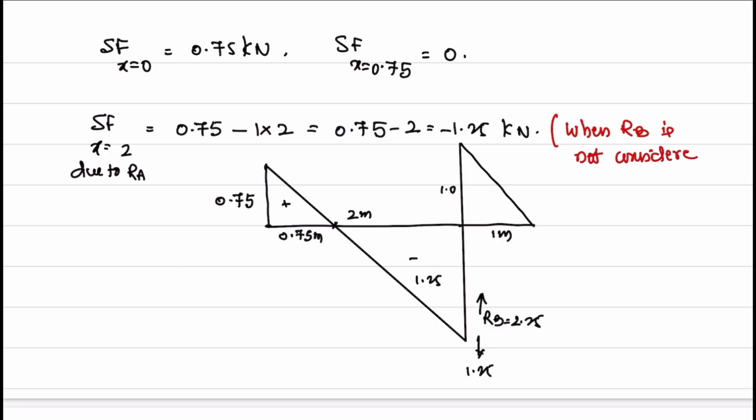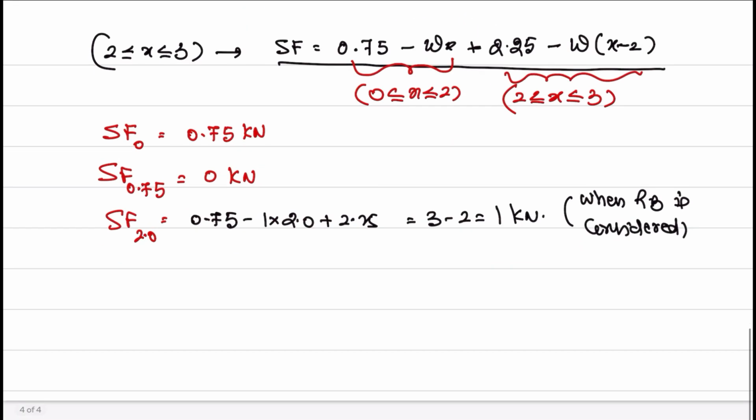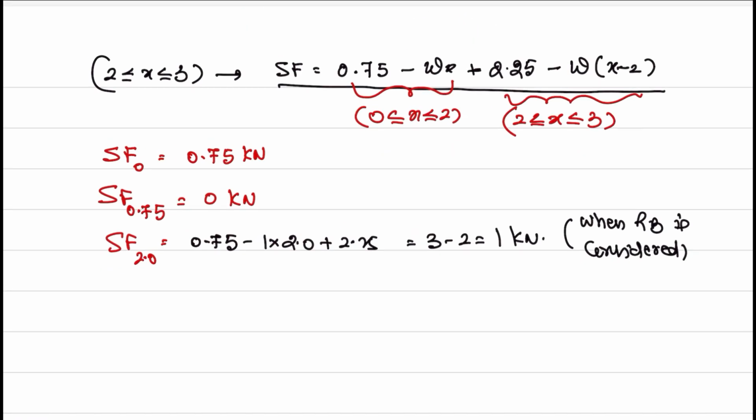That means at 0.2 we will have RA only, and next immediately there only we have RB also. When RA only is considered, then negative value. When RB is also considered, there is a positive. This is the shear force diagram. Now, let us go for the bending moment diagram.